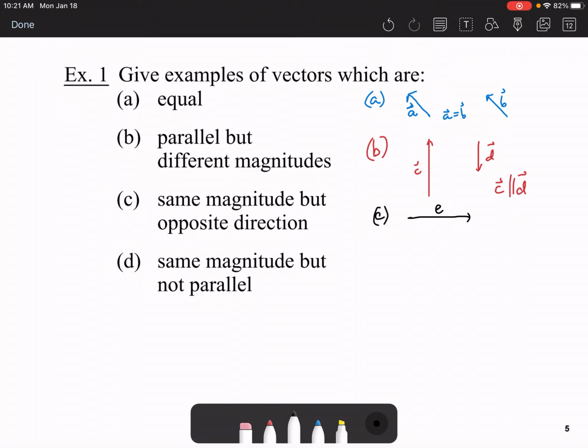Let's call this vector E. And exact same size, but a little lower and off to the side. Now it's headed in the opposite direction. So there we go. Again, E is parallel to F. Also E, its magnitude is equal to the magnitude of F.